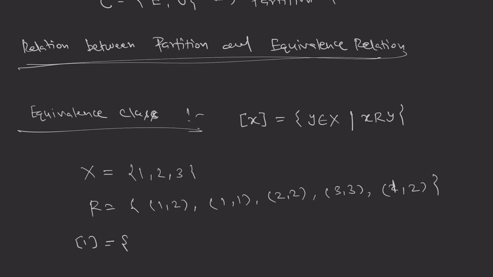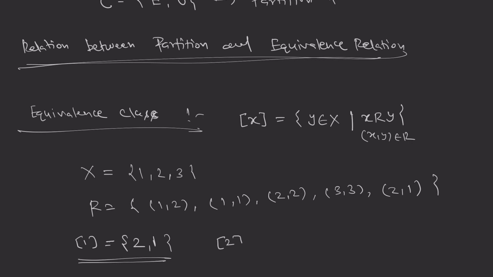It means x comma y should belong to R. So here you can see that 1 comma 2 is there, so this set contains 2 because 1 is related to 2, and 1 is related to 1, so 1 should be there in this class, and nothing else. Okay, because 1 is related to only these two elements.